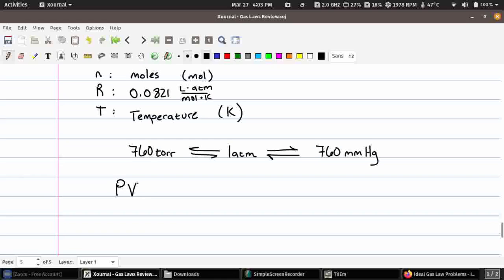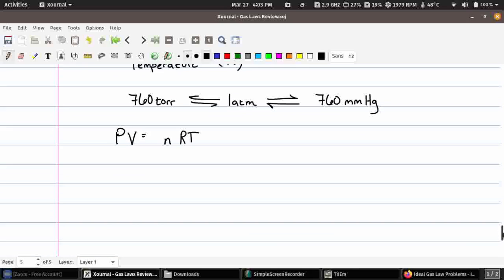Alright, so now that we have everything labeled, I'm going to go over some common ways that this formula is rearranged. So, if I was asking you for, say, find volume, what you would have to do is you divide the pressure out.